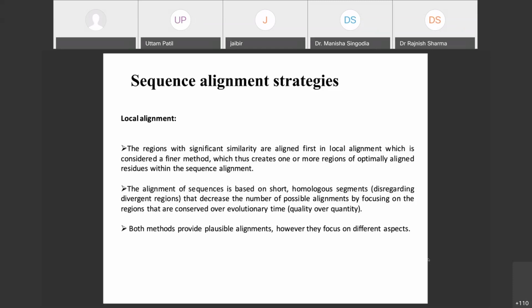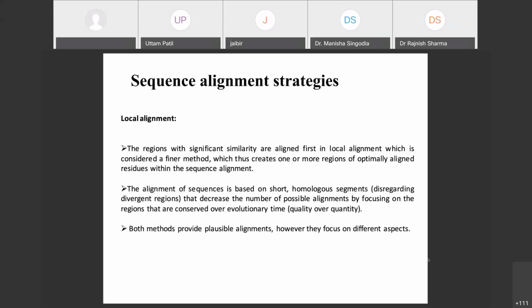So now you have quality over quantity because now you are looking for short regions with greater quality, right? So we are not concerned only about the quantity. We are also looking at what is more logical, if we consider the evolution. So there are certain regions.